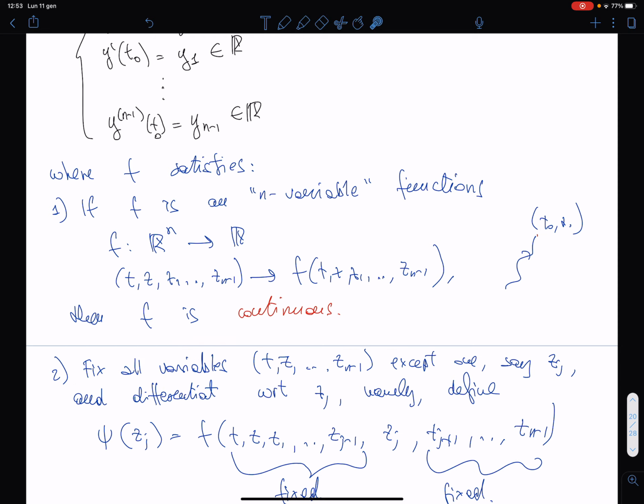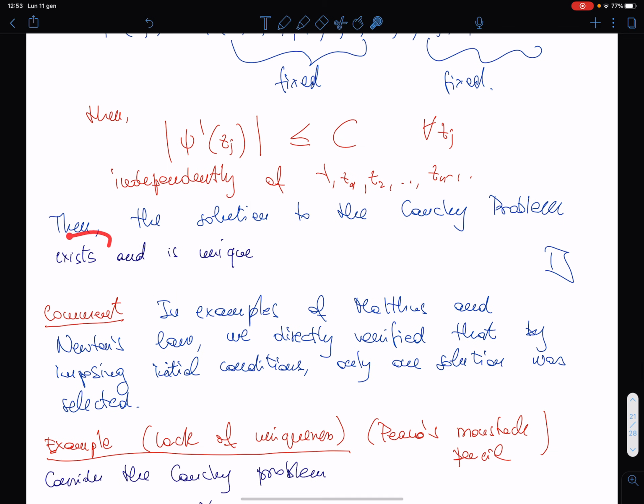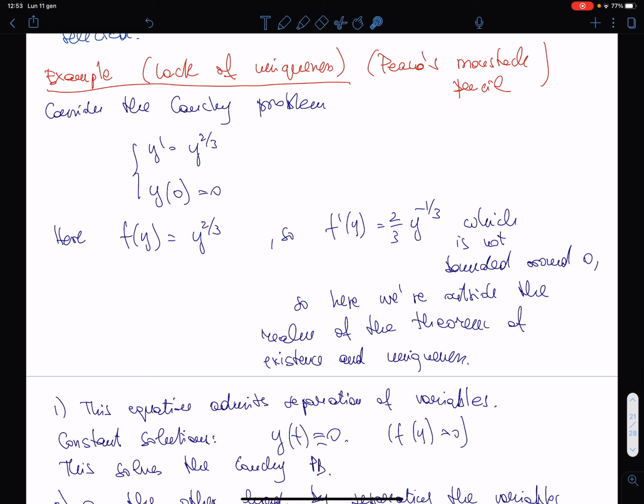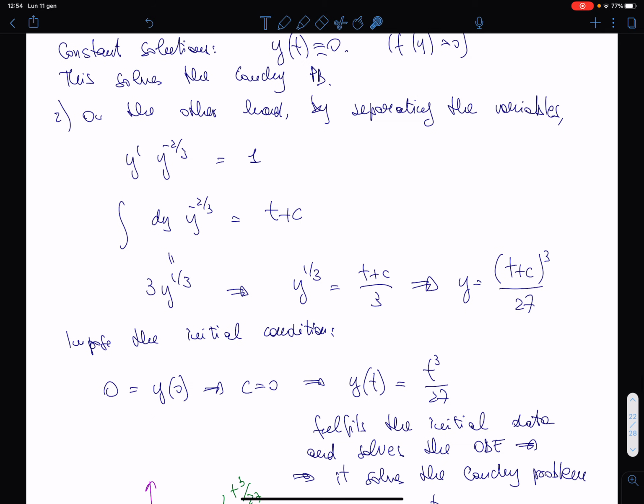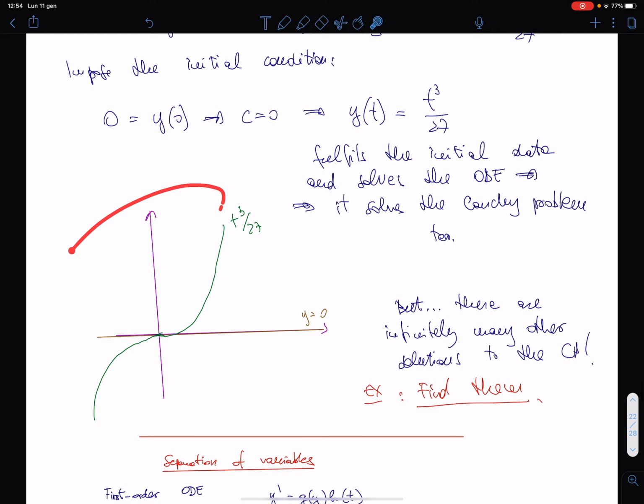The result is a theorem by Peano that says that the solution exists, but we cannot guarantee that it is unique. You see that in the Cauchy problem with lack of uniqueness, the so-called Peano's pencil, the solution exists but is not unique. Indeed, there are infinitely many solutions. I exhibited two of them, and then I asked you to find some other solutions.